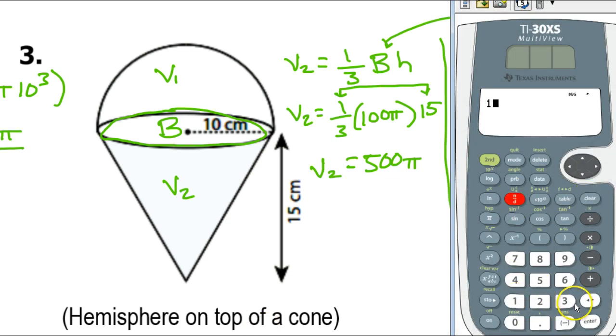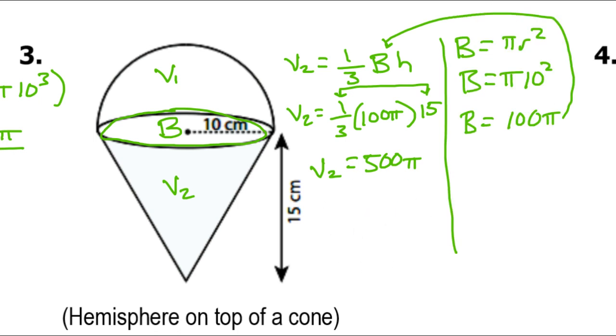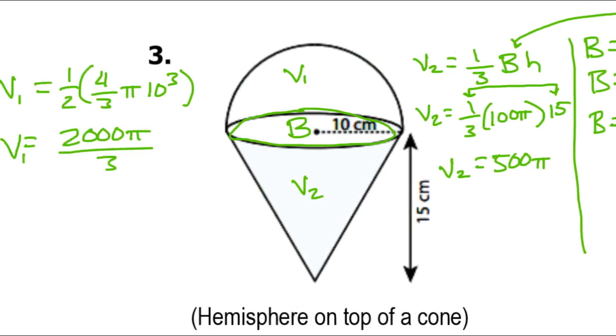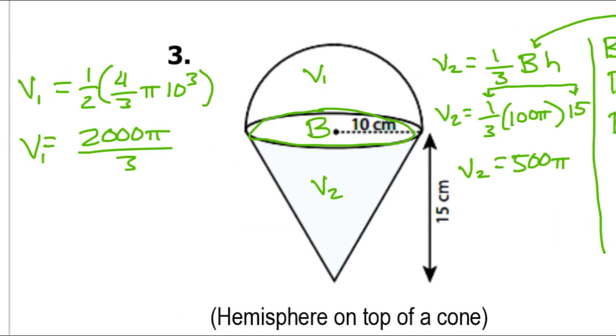So let's see. If I do 1/3 times 100 pi times 15, 500 pi. Fine. So now I have volume 1 and volume 2. So the overall volume, I feel like I should draw a line here.